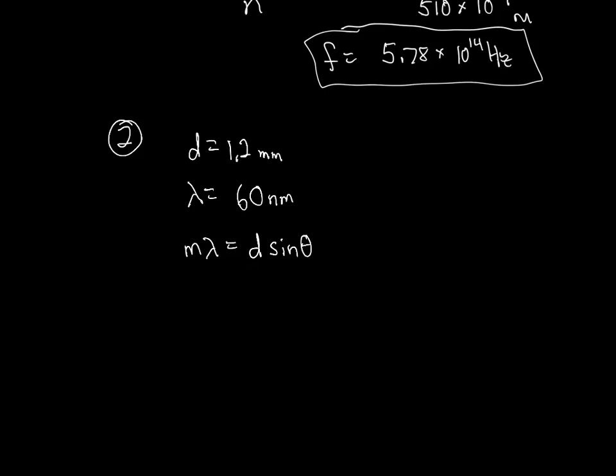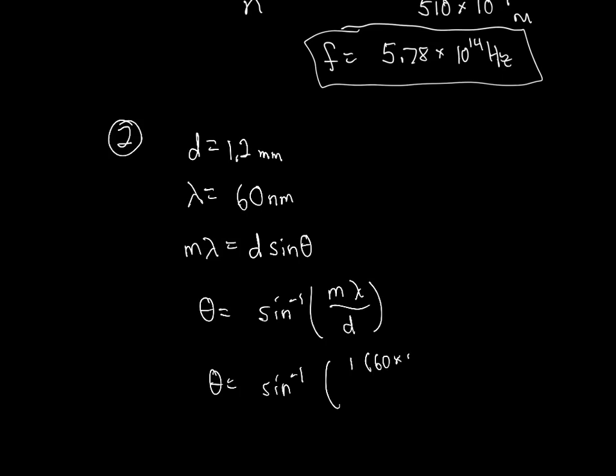They told us which bright spot it was: the first order bright spot, so m equals 1. We solve for theta. Theta is the inverse sine of m times lambda divided by d. Theta is the inverse sine of 1 times 60 times 10 to the negative 9, all divided by d, which is 1.2 times 10 to the negative 3.